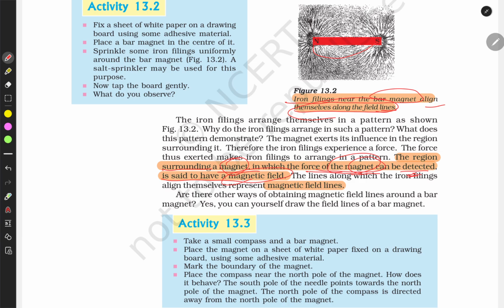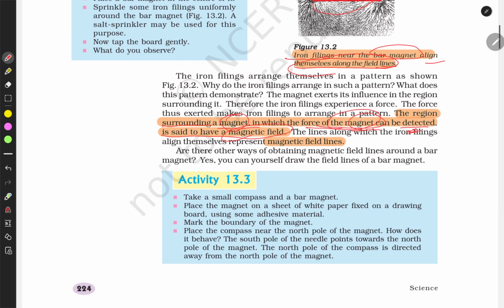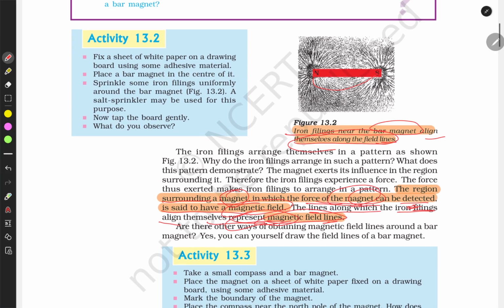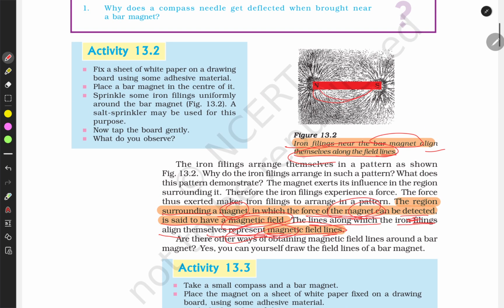The lines along which the iron filings align themselves in the magnetic field are called field lines. You can see the field lines lying from north to south. So these are the field lines.